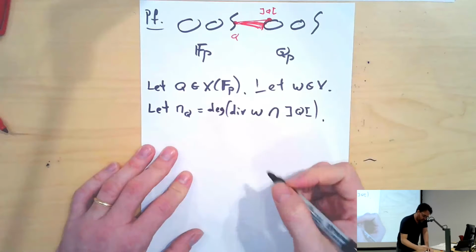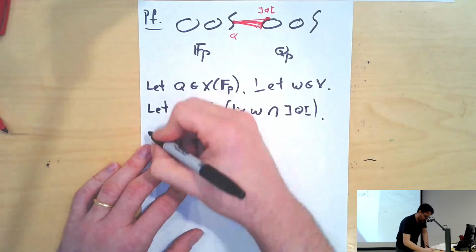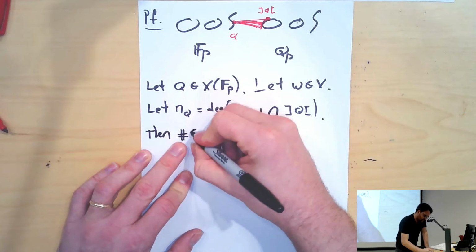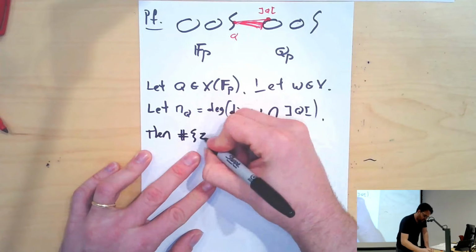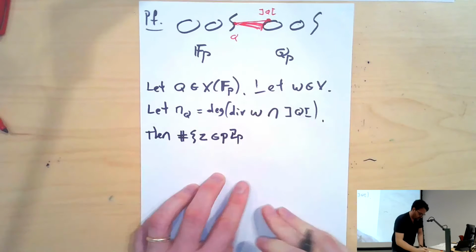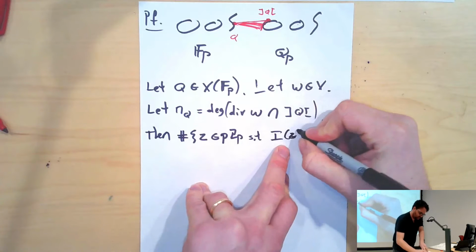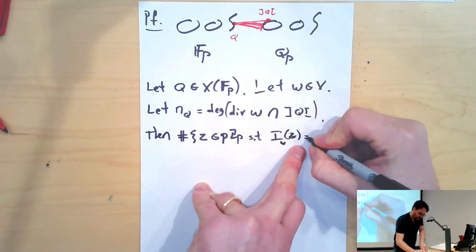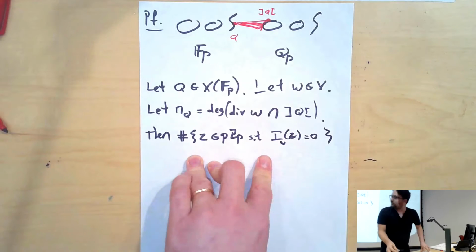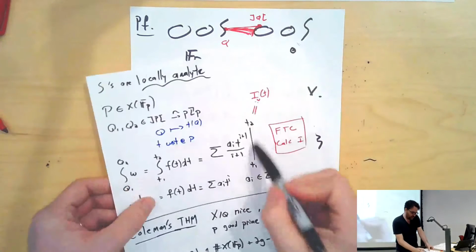And then the claim, so we'll do a second proof to prove this claim. Then the number of zeros, so the number of Z in PZP, such that the integral of omega is 0. Okay, so we're counting the number of zeros of this.